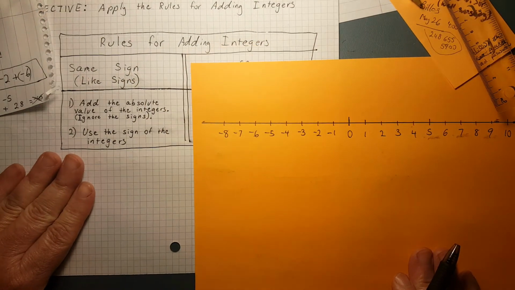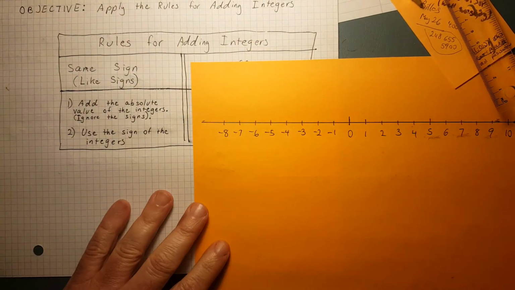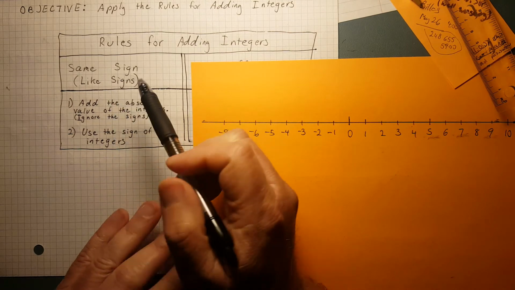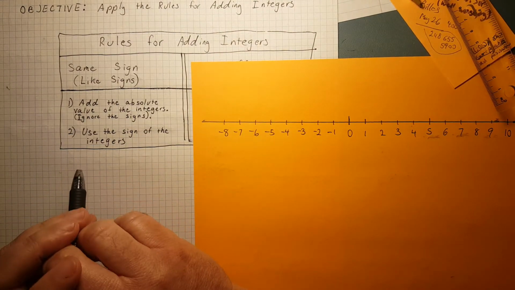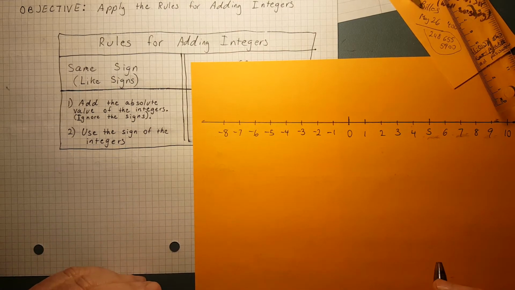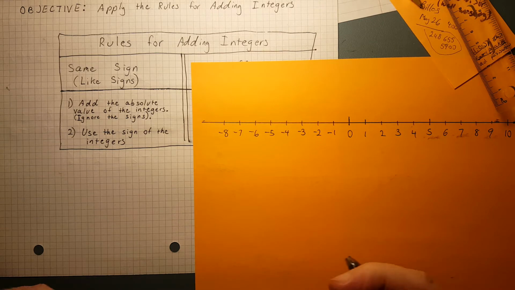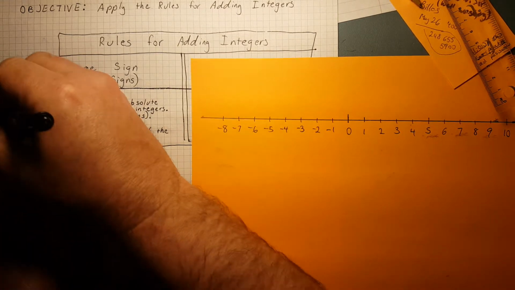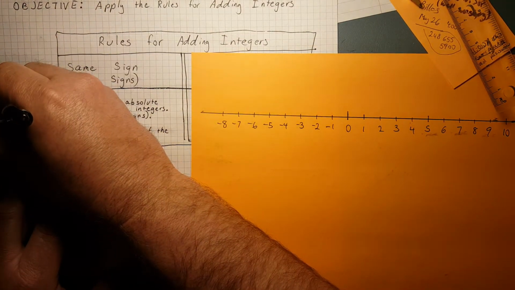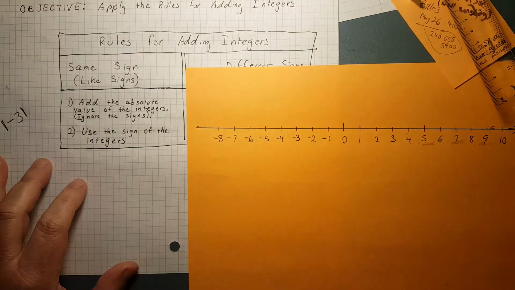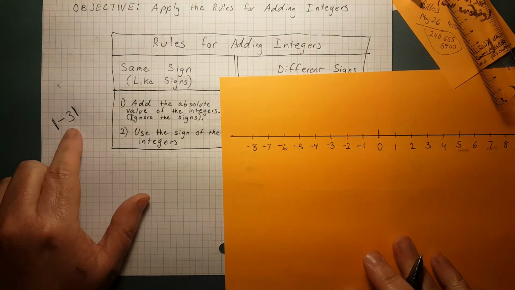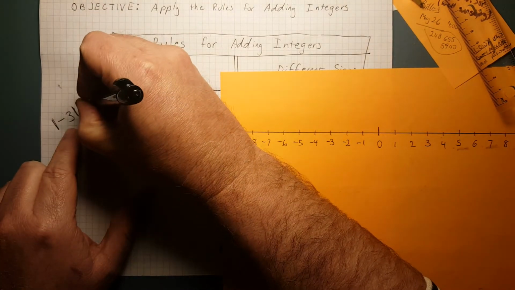The rule is, if they have the same sign, here's the fancy word: take the absolute value of the integers. The absolute value is just the distance from zero, so just ignore the signs. For example, the absolute value of negative 3 is written like this, and it just means 3.